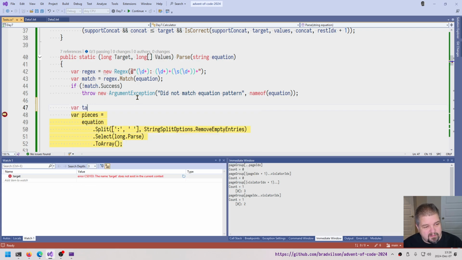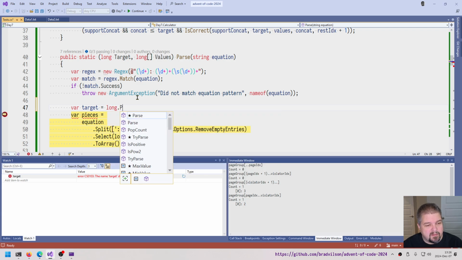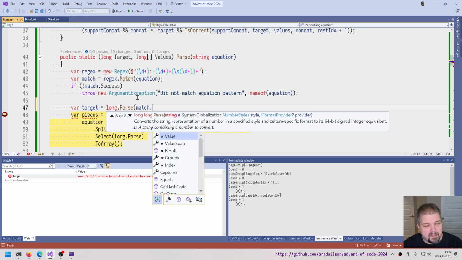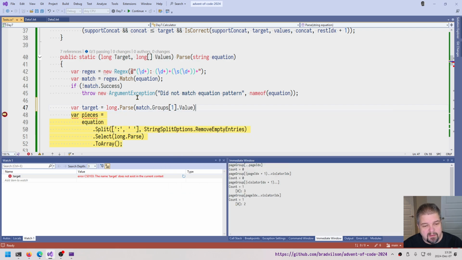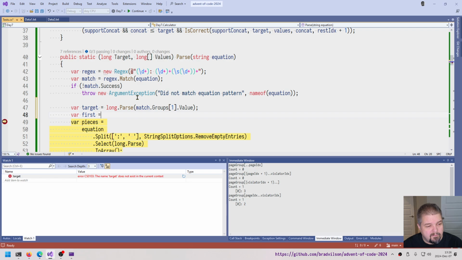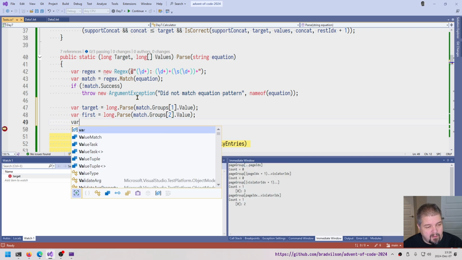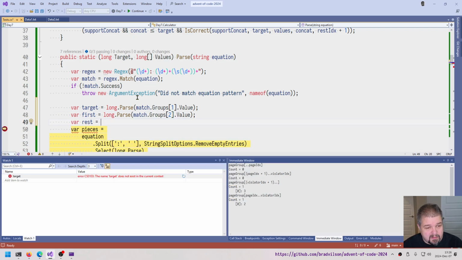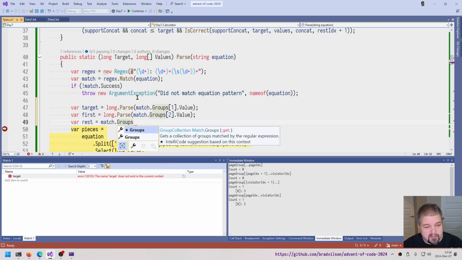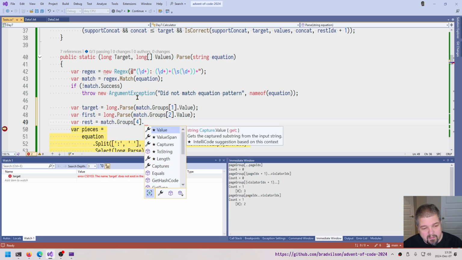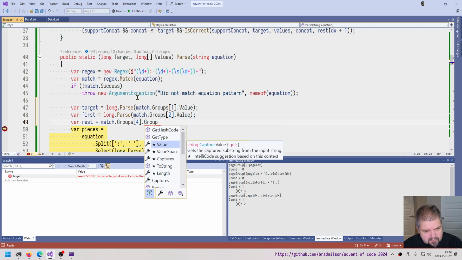So target is long.Parse(match.Groups[1].Value). First is going to be long.Parse(match.Groups[2].Value). And then the rest is going to be match.Groups[4]. And then the group's value is a string.